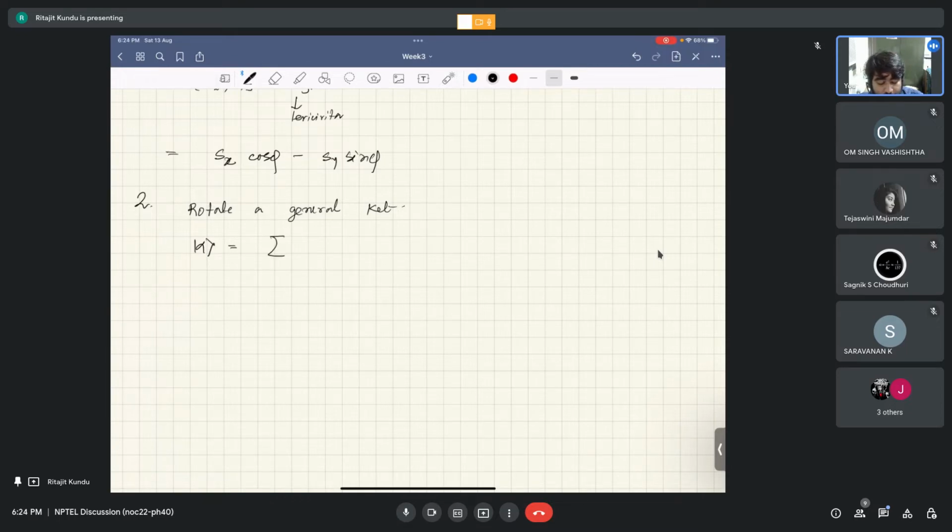The completeness relation I'm using is the sum over n, where the n are the eigenstates of the Sz operator, which is the identity. This is nothing but the plus and minus states which I was talking about in the last problem, so I'll be using that.